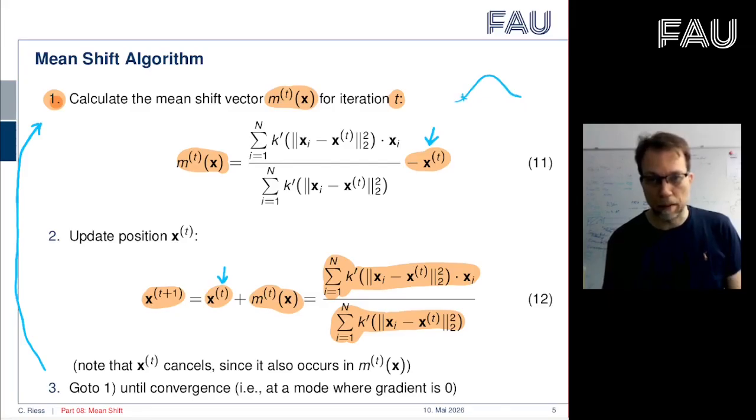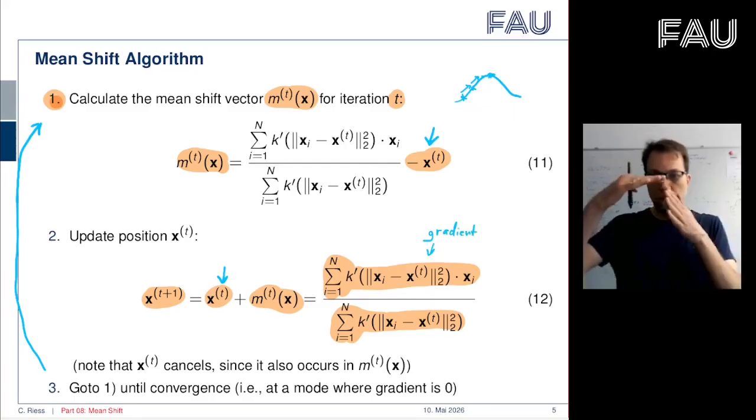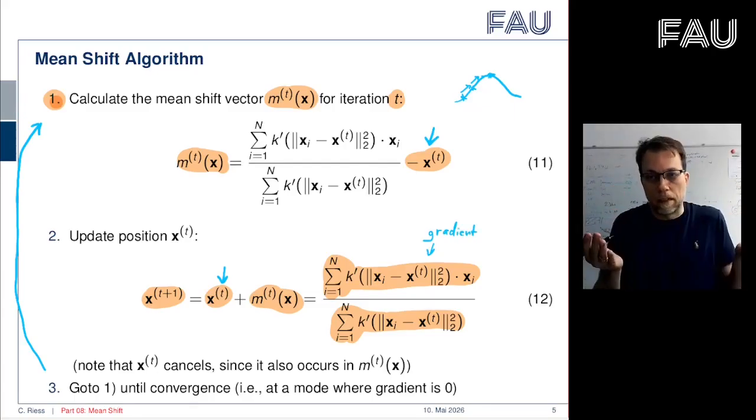So if we imagine this, we move. Okay, and here it's flat. The gradient is flat, so no further update here. No? This is the gradient here. If we reach the maximum, there's 0 update, so we stop.